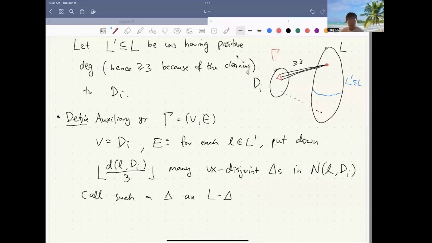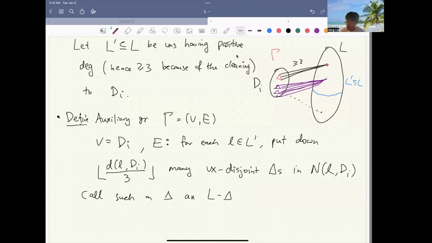Then this red vertex has degree 3, we put on 1 triangle. If you have a vertex with degree 6, let's say, or 7, then I put down 1, 2, and there's a vertex I just leave isolated like this.